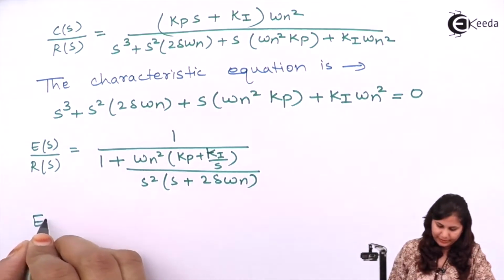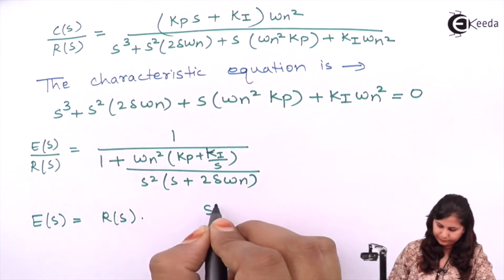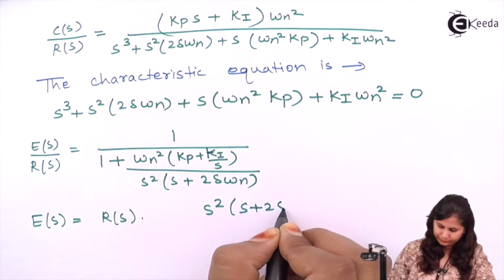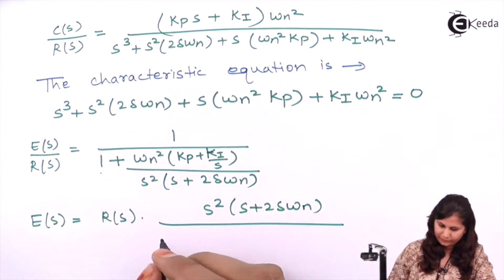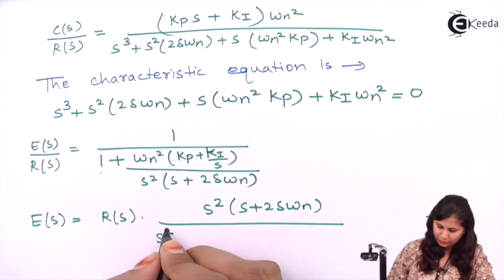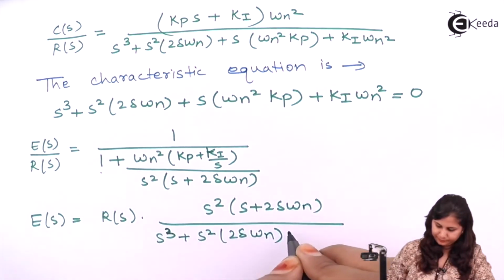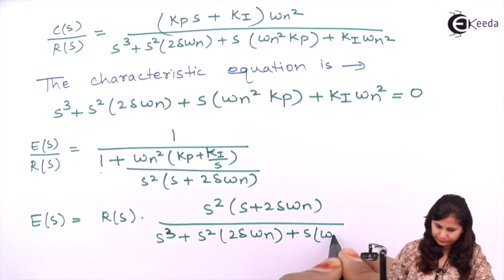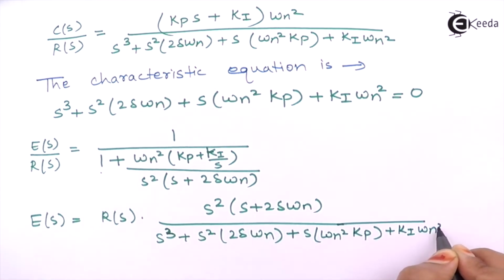Simplify it, we will get E(s) equals R(s) times a numerator, and in the denominator we will have s cube plus s square into 2 del omega n. So this is the error signal.